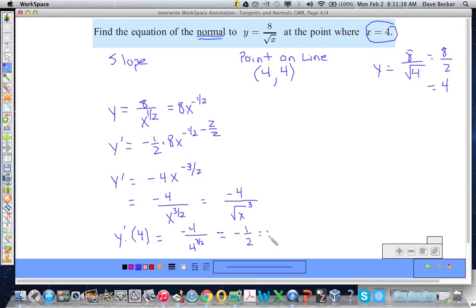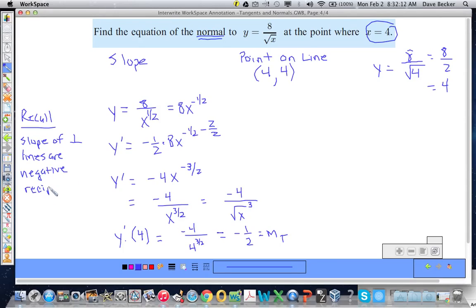Now that is the slope of the tangent. We need the slope of the normal. So I'm going to ask you to recall slopes of perpendicular lines, lines that meet at a right angle. Perpendicular lines are negative reciprocals.